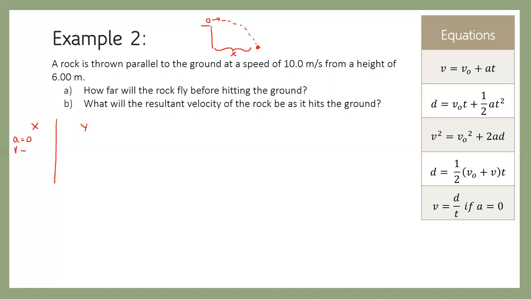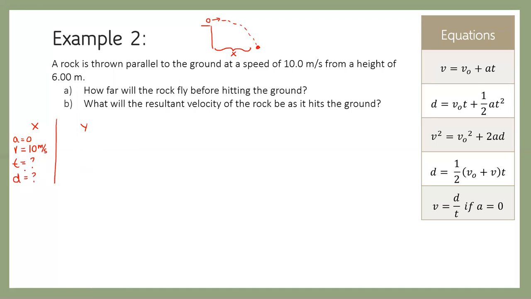Velocity horizontally isn't changing, so there's only going to be one v there, and it's our 10 meters per second. Okay? And so acceleration, velocity, and time, we don't know. We also don't know distance.